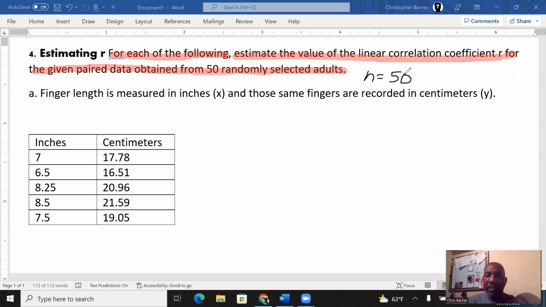Right? That's the information that we gain from that. And we are estimating our value of R, which we know ranges from, let's put it right here, R must be less than +1, but greater than -1. I think that's right. Right?